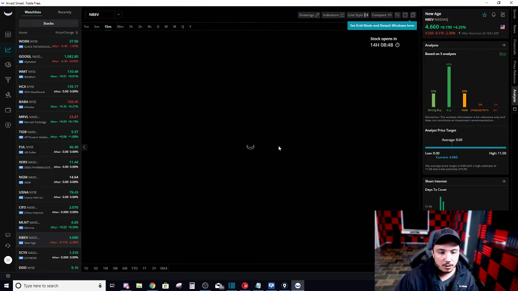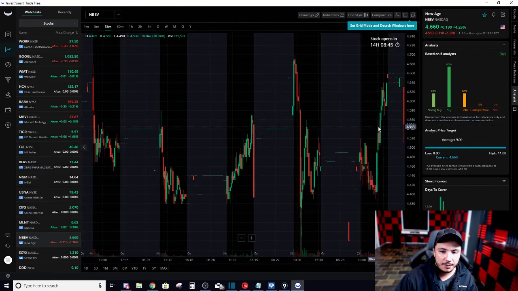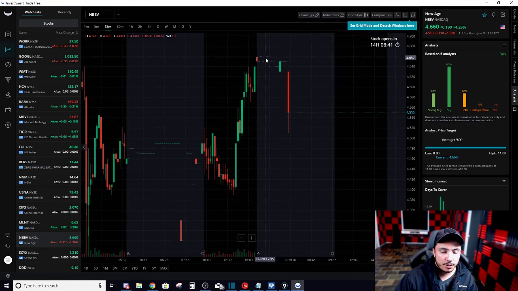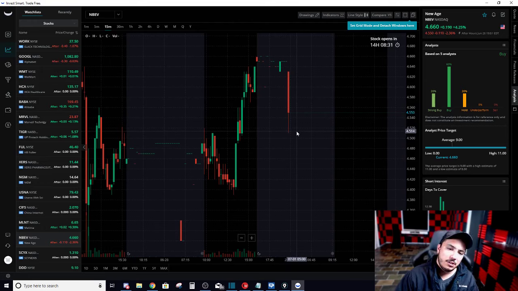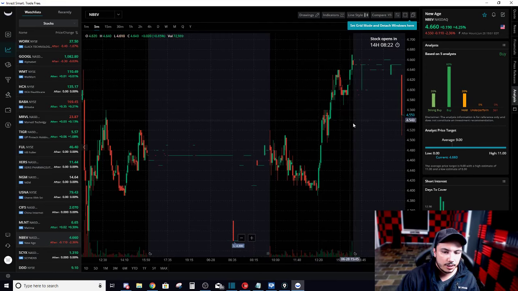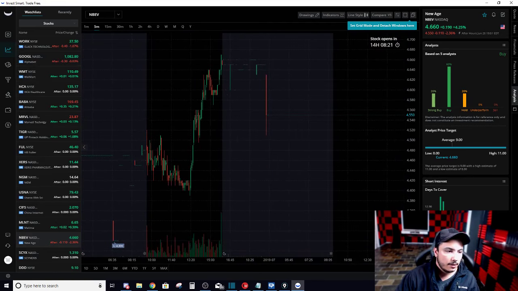Oh, this one went extremely high, very fast, at market open. And then it dropped all the way down to 4.5, which is a lot of money, guys. The entire day it dropped. So it would have been good at the time whenever I was looking at the chart.